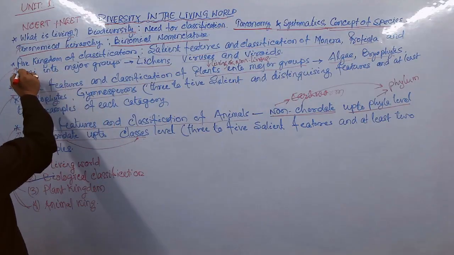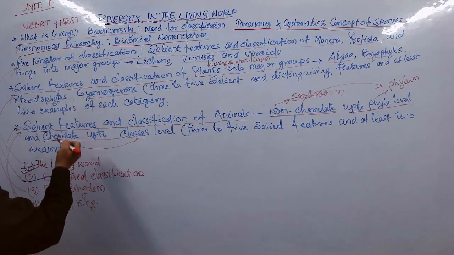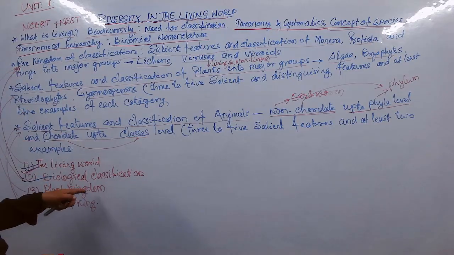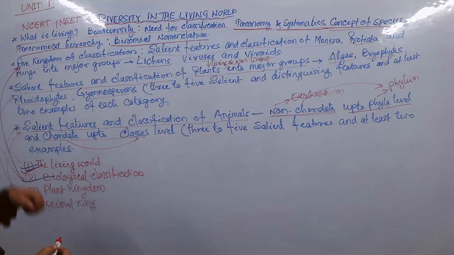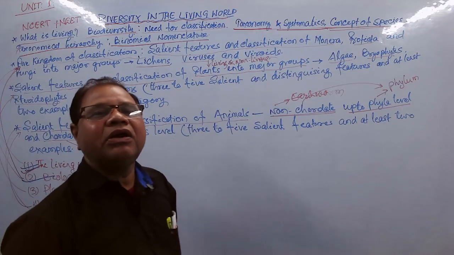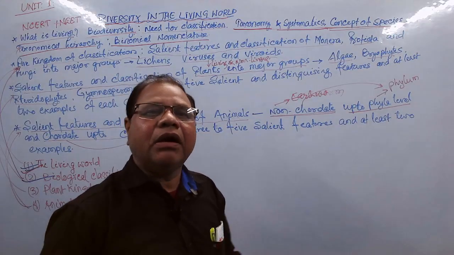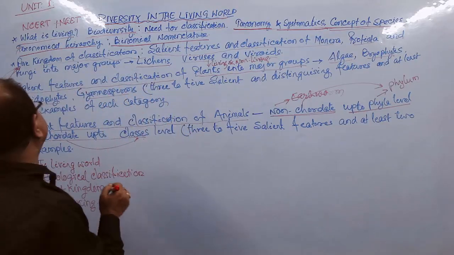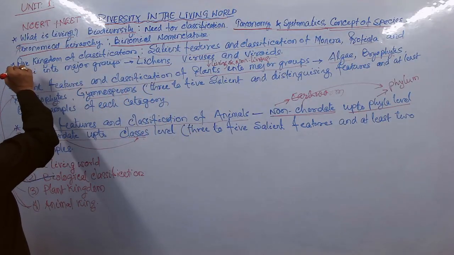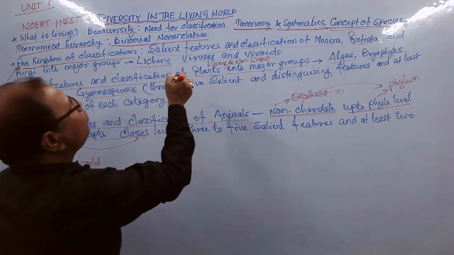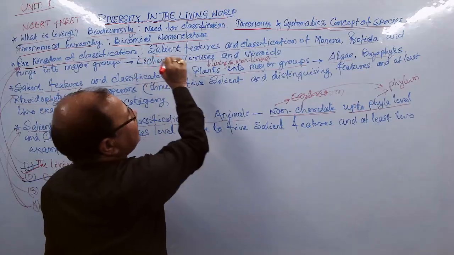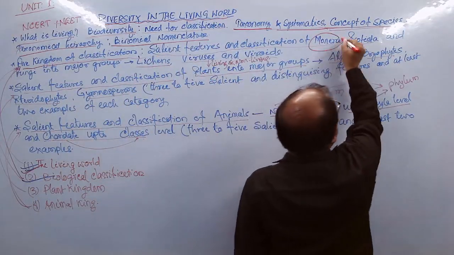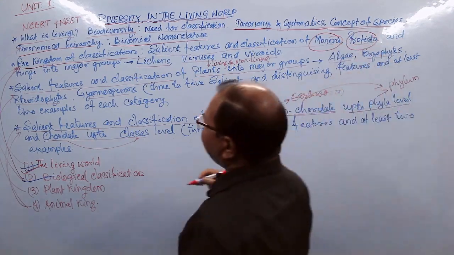Here, the five kingdom classification occurs in biology, like virus and viroids, small creatures which we can't see with our naked eyes. In the five kingdom classification, we have to give the salient features and classification of Monera, Protista, fungi.